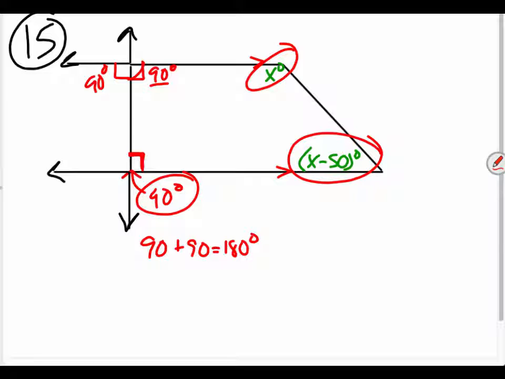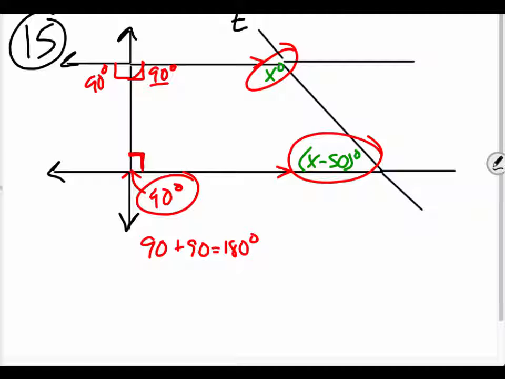Now, I took the long route because guess what? I could have done this problem a lot simpler had I done this. What if I extend this line and extend this line and extend this and this? Well, now I have another scenario where this is the transversal, right? And these are same side interior angles. And what we said on the last problem was that same side interior angles always add up to 180.